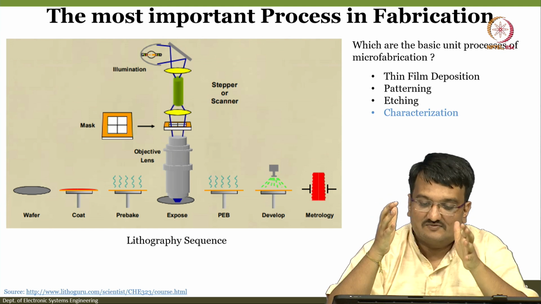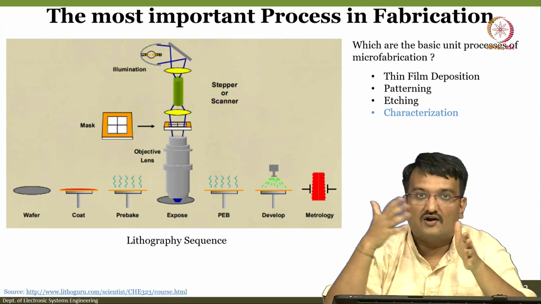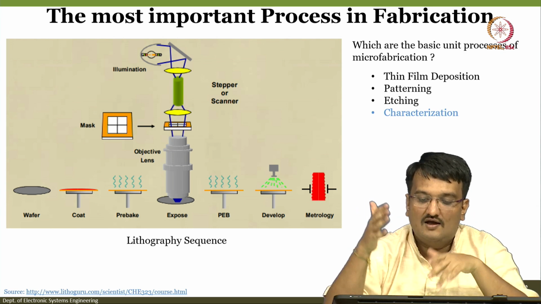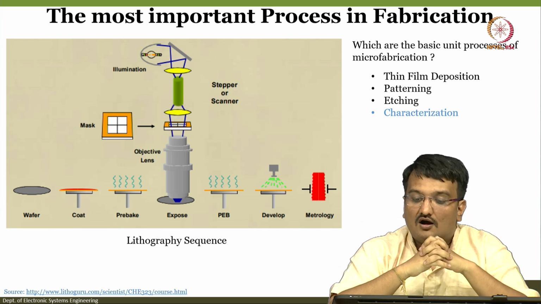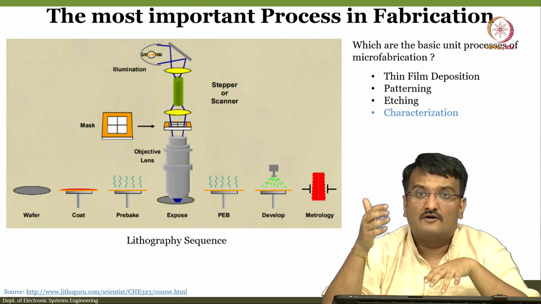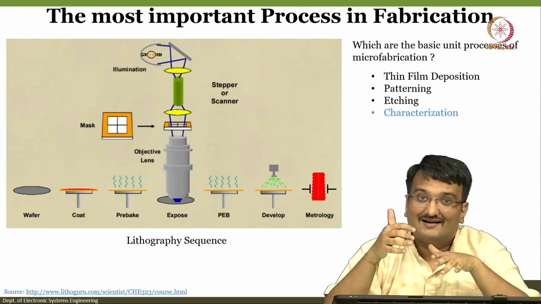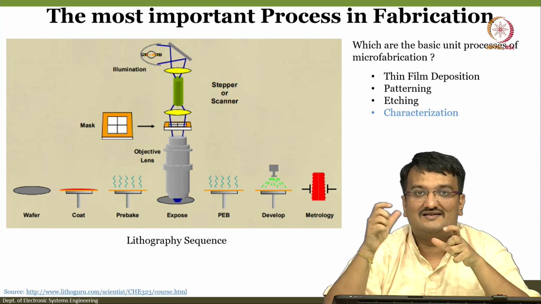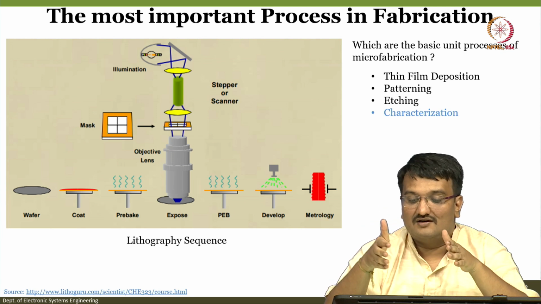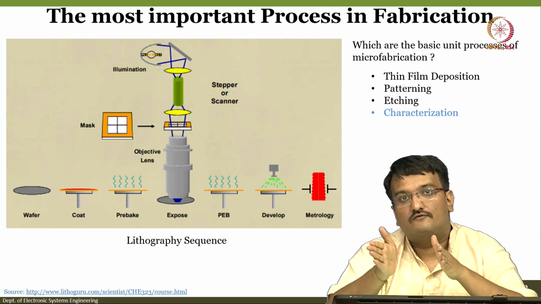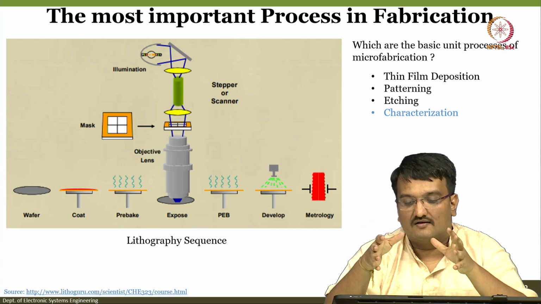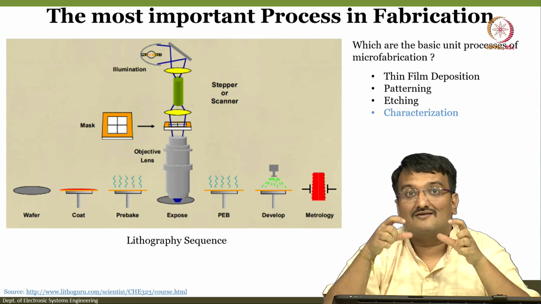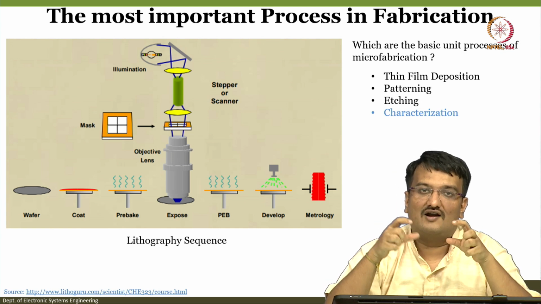Generally I keep it very interactive, but because it is in online mode, let me explain. These are different processes: thin film deposition, patterning and etching. But characterization is important, and there is a reason behind that. Characterization has a slightly different form, because characterization validates your design or developed design.